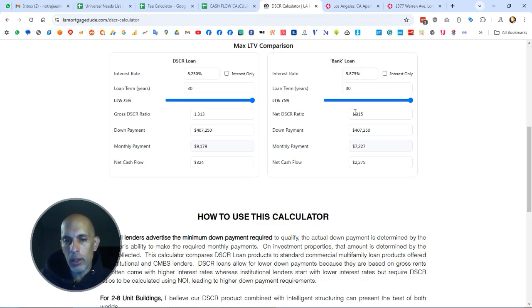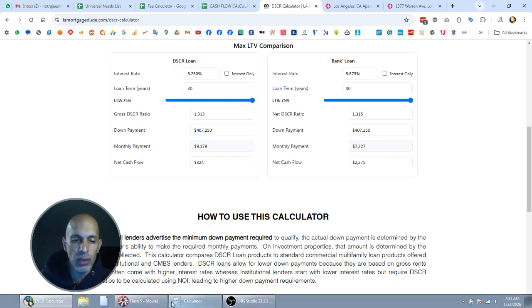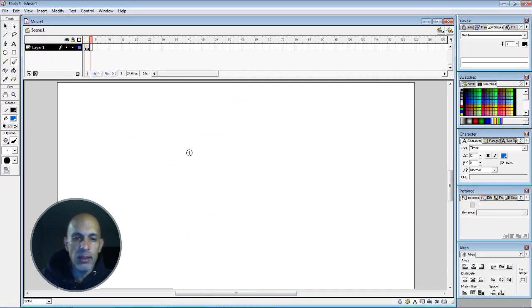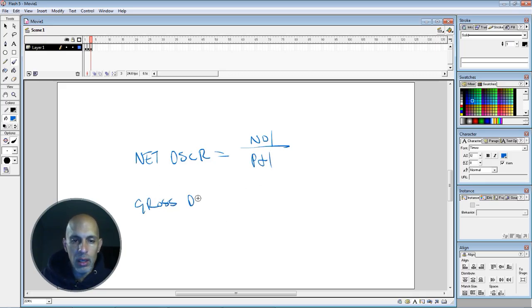And so we're looking at, with 25% down, a net DSCR ratio of 1.35. And what I mean by a net DSCR ratio is this: net DSCR is equal to the NOI divided by P and I. Gross DSCR is equal to gross rents divided by PITI.